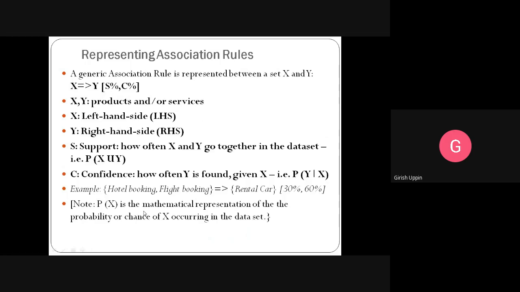P of X is the mathematical representation of the probability of X occurring in the data set. If I say X is milk, what is the probability of milk being bought by the users? If there are 100 transactions, and in 50 of them milk is present, then P of X is 50 by 100, that is 0.5.